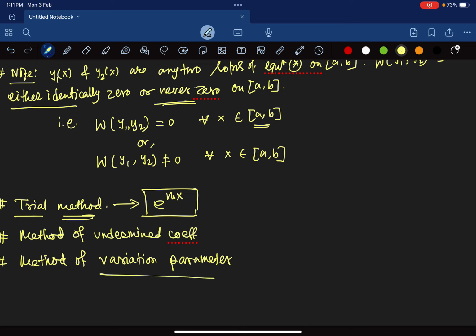After that, the method of variation of parameters, which we just started and completed. This type of question requires practice, otherwise you will get stuck at the calculation point. So practice this type of question, and keep the integration formulas in your mind. That is the basic requirement. In the next class we'll start the method of undetermined coefficients, and also handle a few questions if you have any. By that time you should practice.